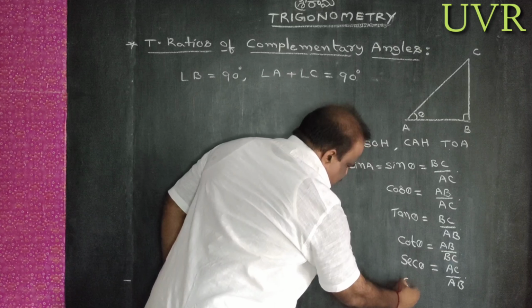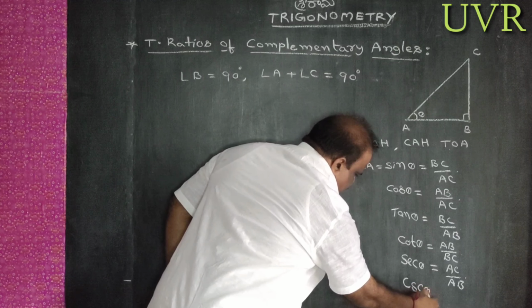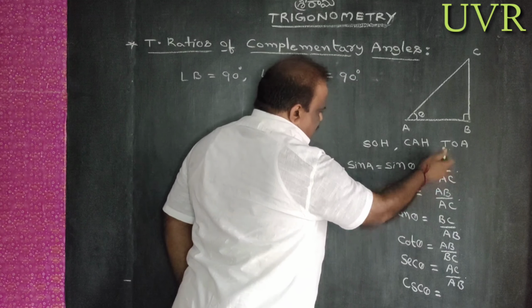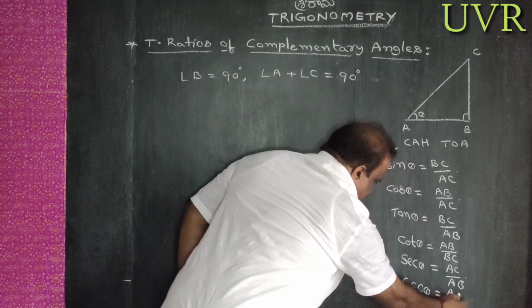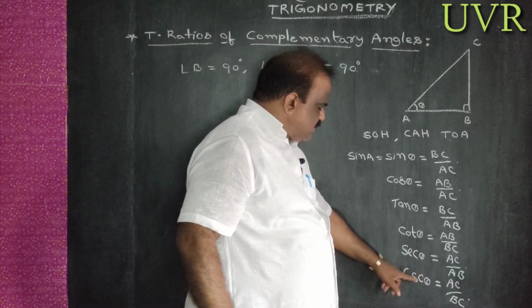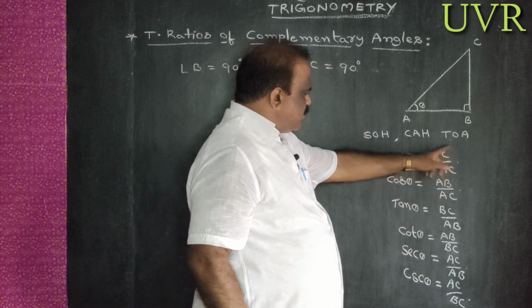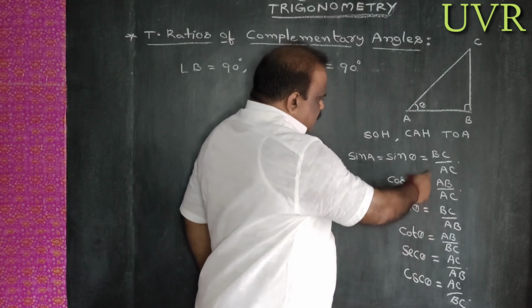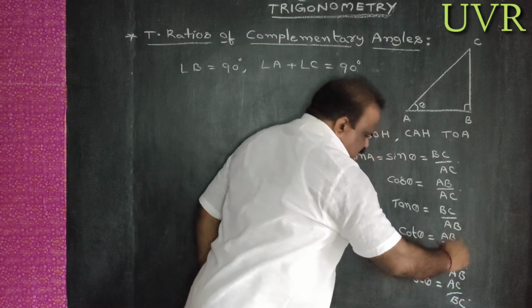Finally, cosec theta, CSC theta is equal to AC by BC. Definition of cosec theta is the reciprocal of sin theta, that is AC by BC.